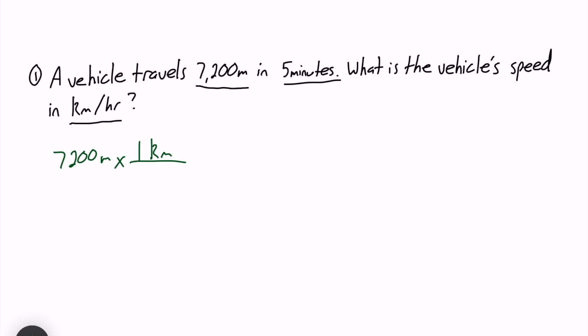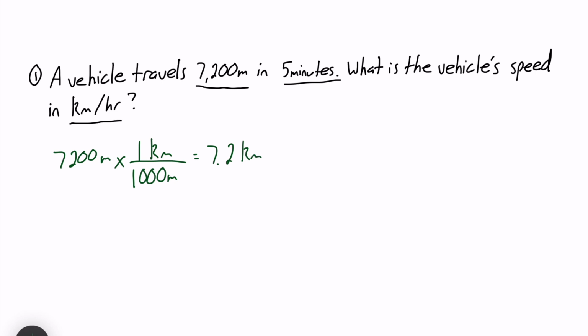So I will put 1 kilometer on top, and on the bottom we will have 1,000 meters. Remember, there's always 1,000 meters in 1 kilometer. So basically what we are doing, because the 1,000 is on the bottom, we have to divide by 1,000. So we have 7,200 divided by 1,000, and that's just going to get us 7.2 kilometers.